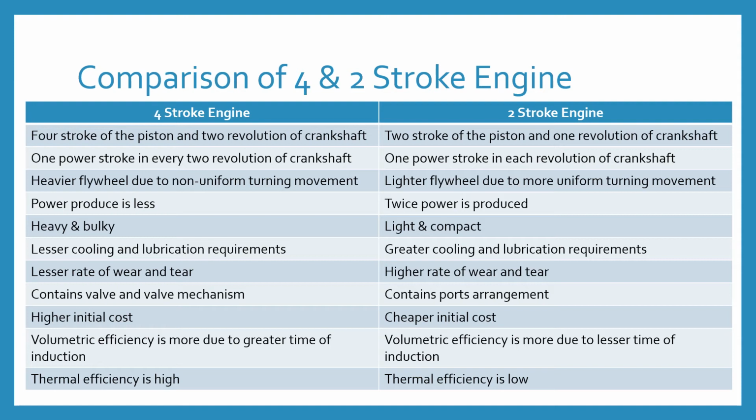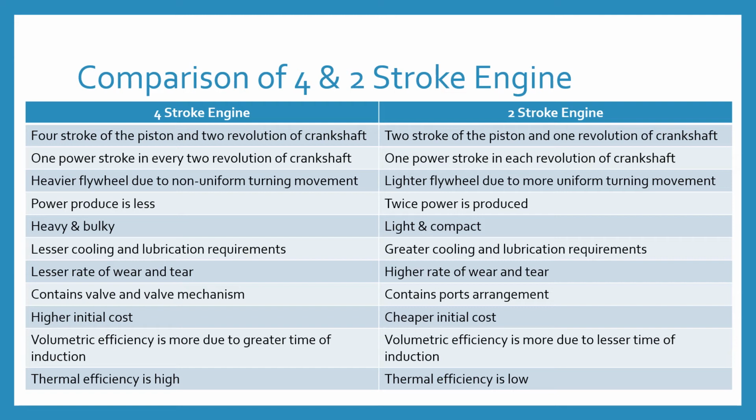In the 4-stroke engine, a heavier flywheel is used due to the non-uniform turning movement, and in the case of the 2-stroke engine, due to the more uniform turning movement, a lighter flywheel is used.